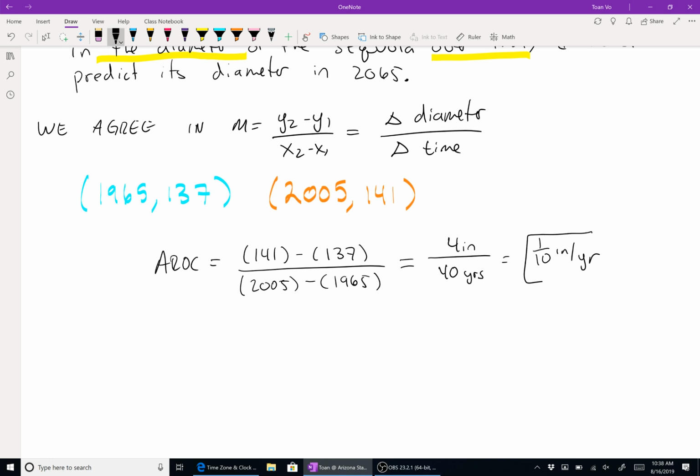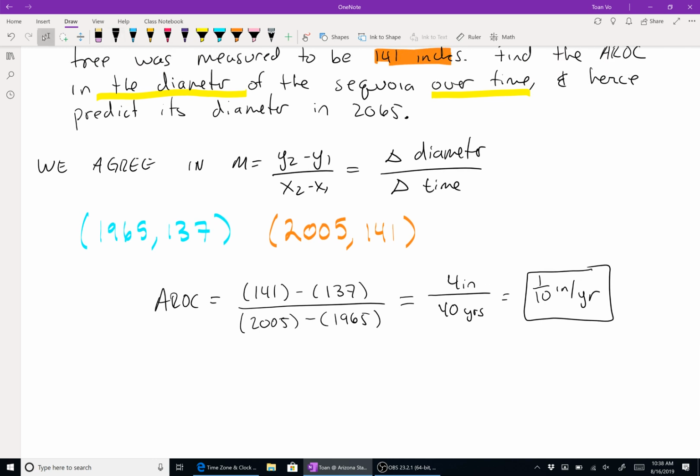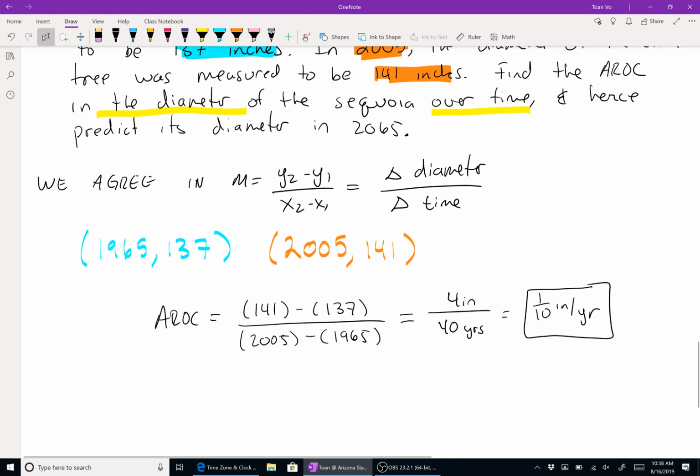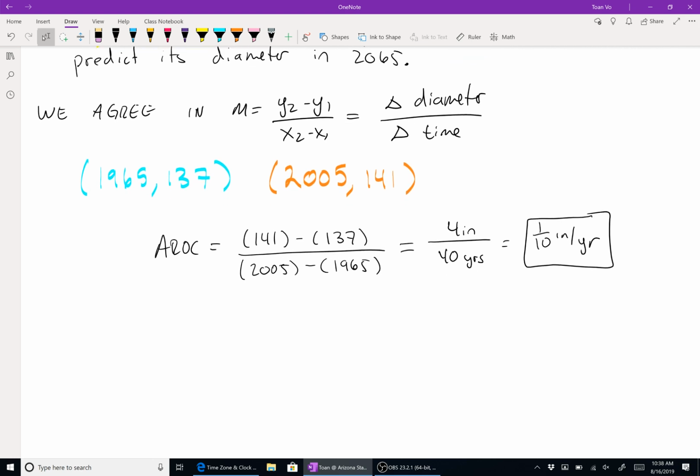We're not done with the whole problem because they also ask us, predict the diameter in 2065. Well, you already know that on average the diameter changes 1/10 of an inch per year. So what was the very last year that they gave us? 2005. So we need to ask this question: how many years between 2005 and 2065?